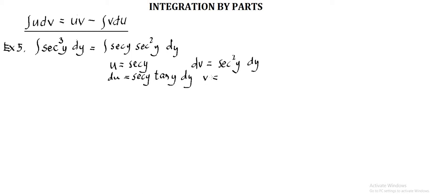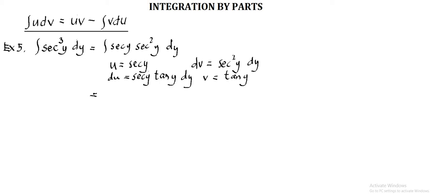If dv equals secant squared of y dy, integral ng secant squared y dy equals tangent of y. Okay? So, let us now follow the formula, integral of u dv equals u times v minus integral of v du.